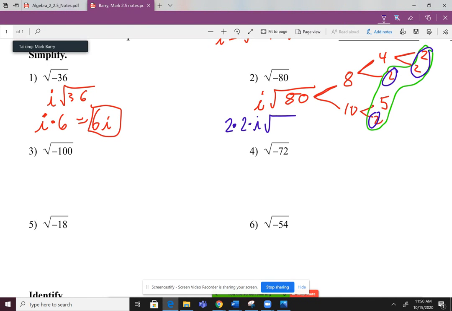Now in this case, I only have one loner, and it is 5. All right, so what do I have here for my final answer? I have 4i times the square root of 5 would be my final answer there, okay?